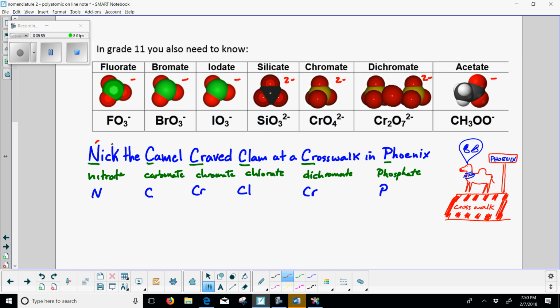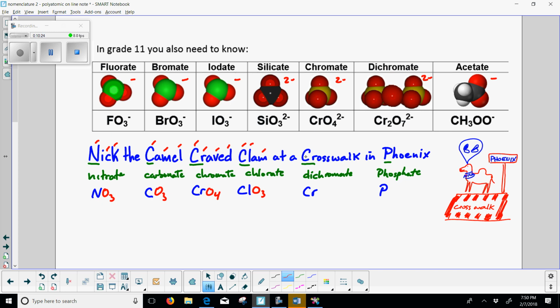So here in Nick, I've got 1, 2, 3 consonants. That's going to tell you how many oxygens you have. Camel has 1, 2, 3, so 3 oxygens in carbonate. Chromate has 1, 2, 3, 4 consonants, so this formula is CrO4. Clam, 1, 2, 3, so it's going to be ClO3.